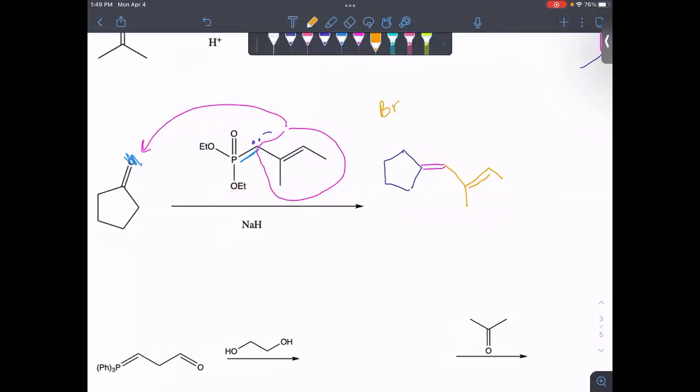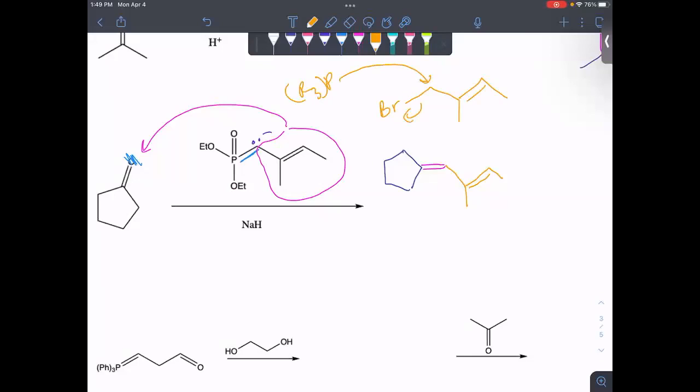In this case, it would be something like that. And then the phosphorus would go in and attack, get rid of the bromine, and then you have your technically unreactive ylide or ester. So there are 2 steps in ylide or ester formation: attack the alkyl halide, then deprotonation by strong base.